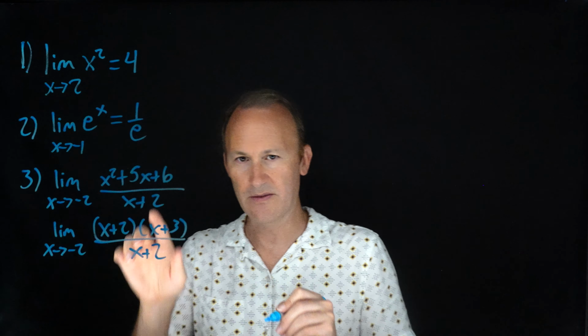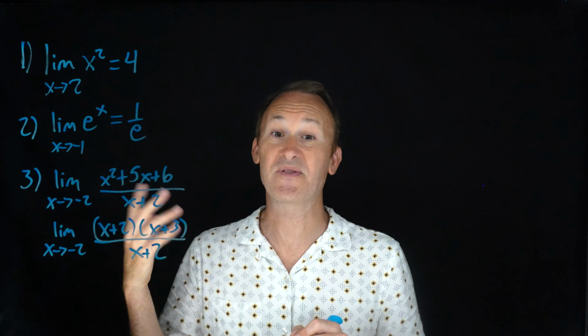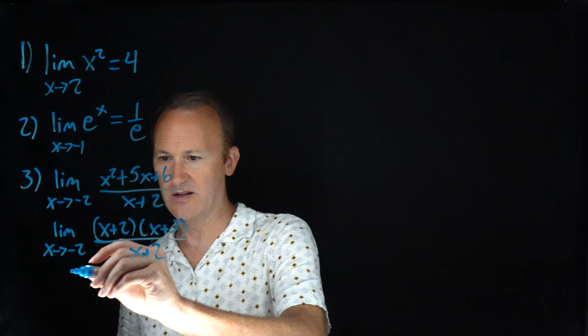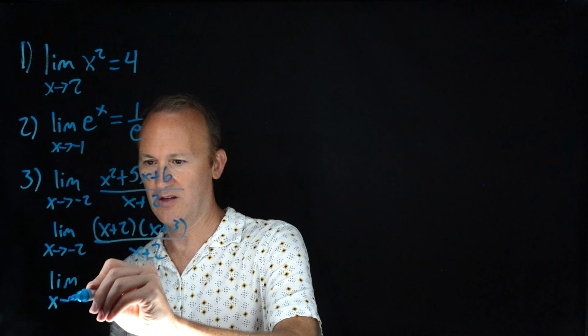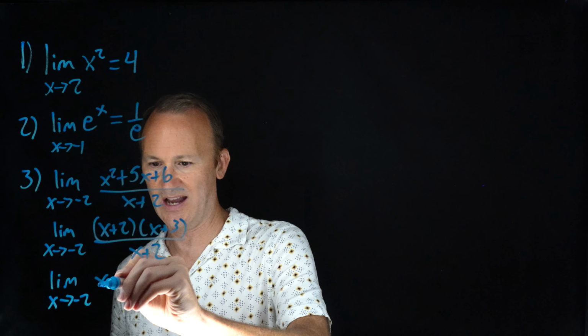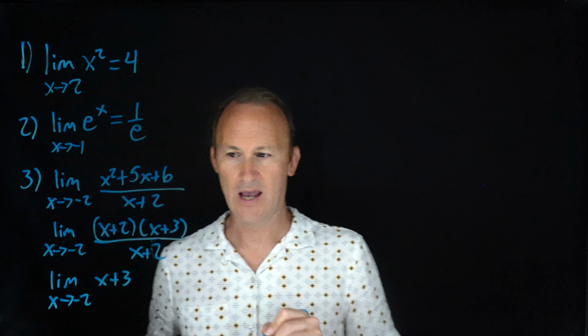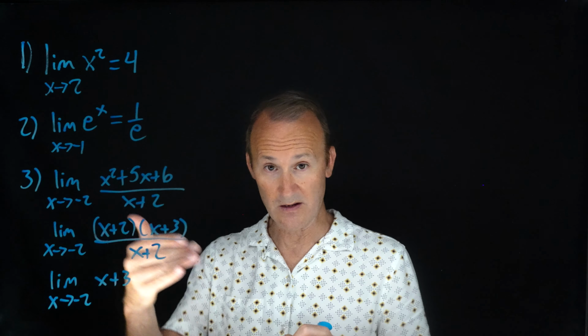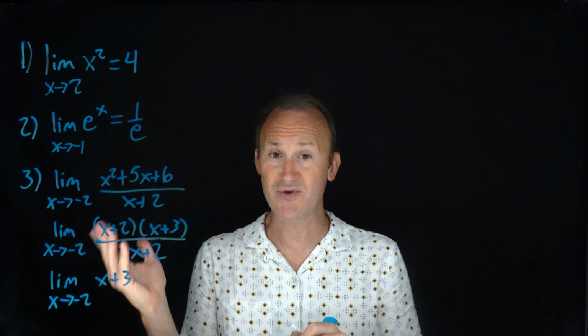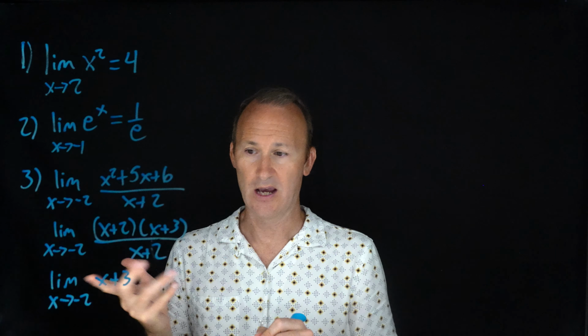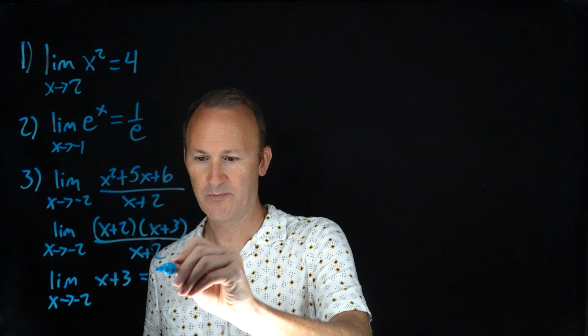We've got a 0 in the numerator and the denominator, but they cancel, right? And so what we end up with after the cancellation, limit as x approaches -2, is x plus 3. And this is what you want to end up with after your simplification, a nice smooth function where you can just plug in the value and we get 1.